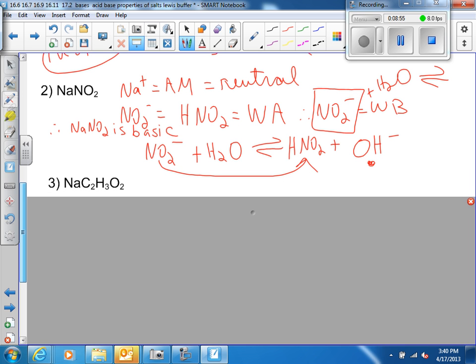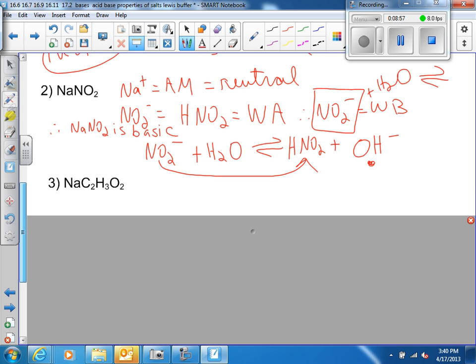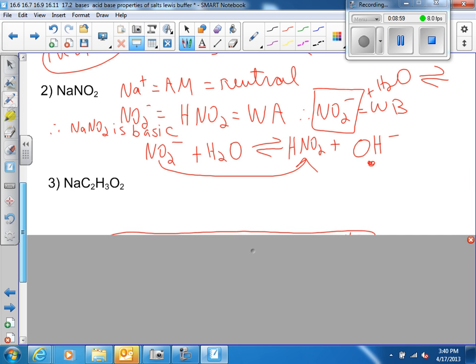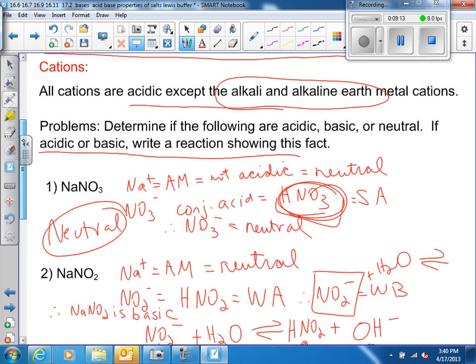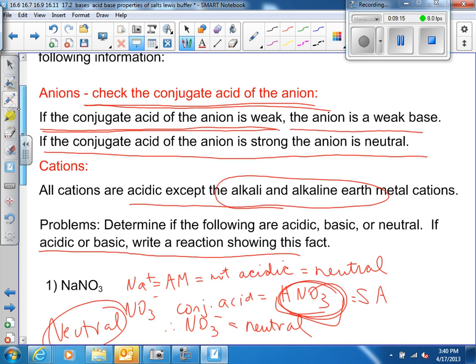Okay, next problem, number 3. Again, we have sodium ion, which is an alkali metal, which is neutral. So far, so good. Then we have acetate, and with anions, what do we do? We check the conjugate acid.